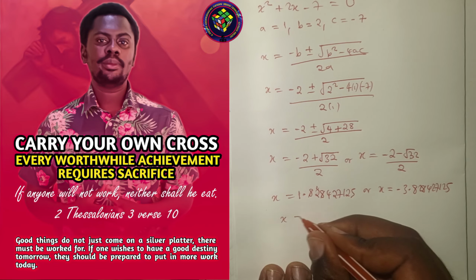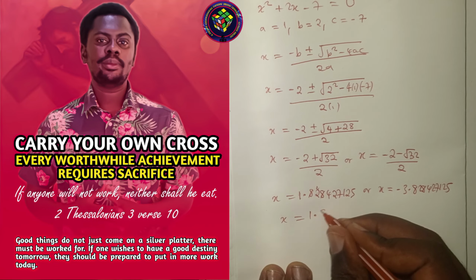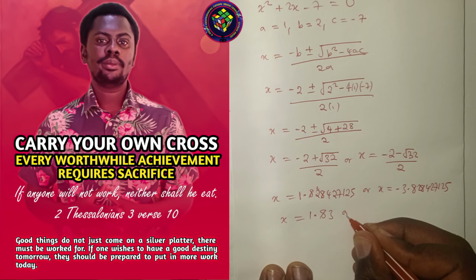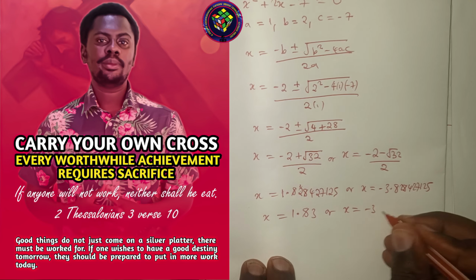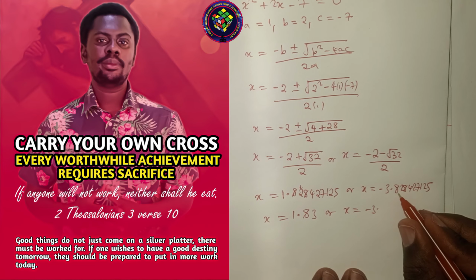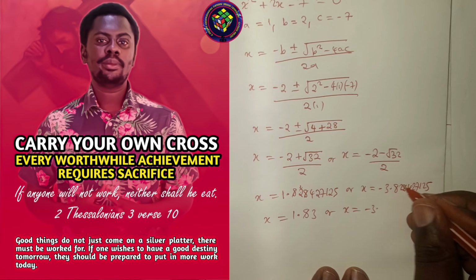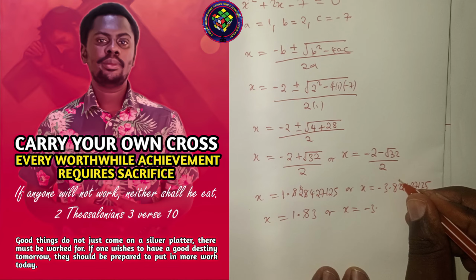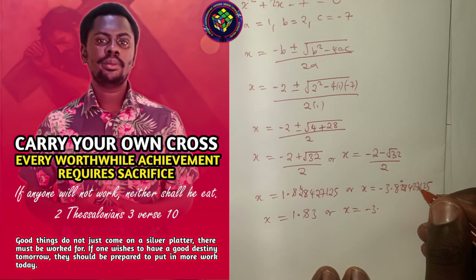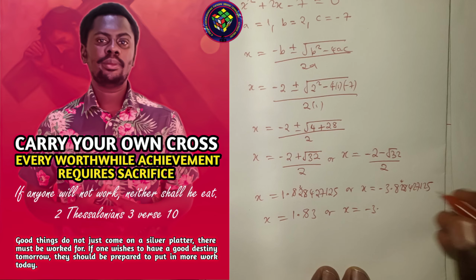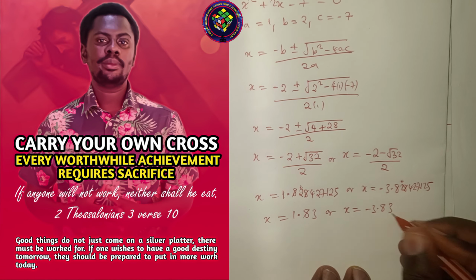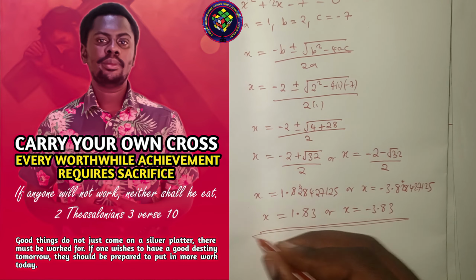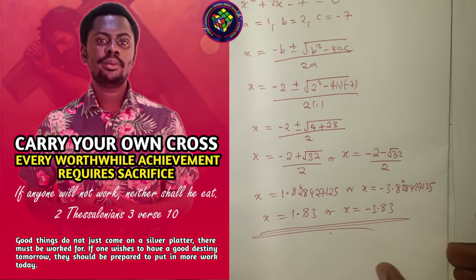So we have x is equal to 1.83, or x is equal to negative 3 point, again 2 decimal places, getting at 2. The next digit is 8, which is 5 and above, so you add a 1 to that 2 and get 3. So it will be minus 3.83. Those are the 2 possible solutions.